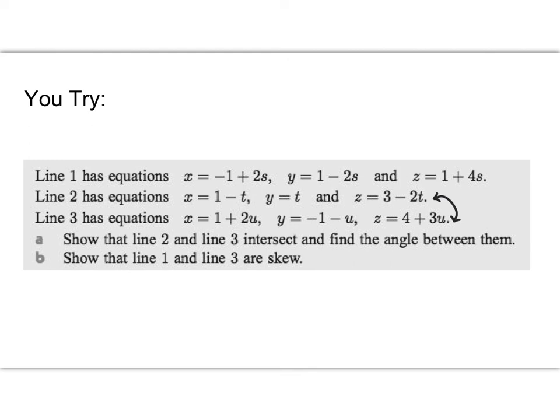So you're going to find the magnitudes and divide it by the dot products. And then you're going to show that line 1 and 3 are skew. So if they're skew, they never intersect. So if you set up a system of equations, you should get something silly to say that it doesn't happen. So turn this off, give it a shot, and turn it back on when you're ready.